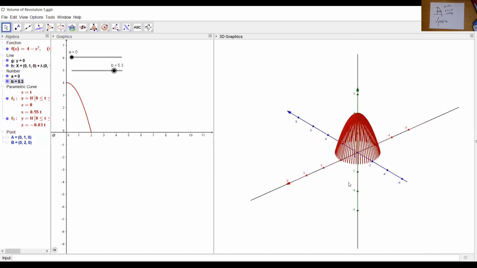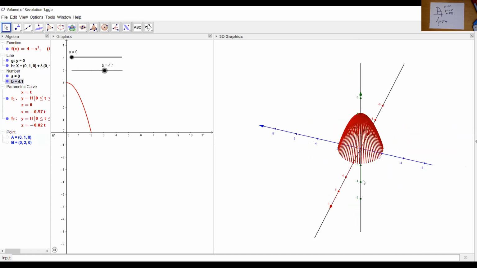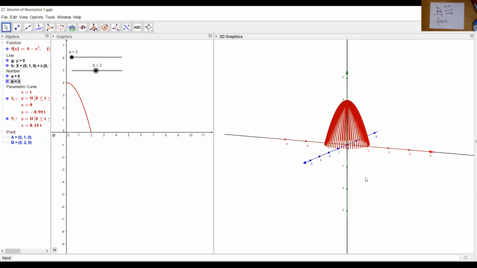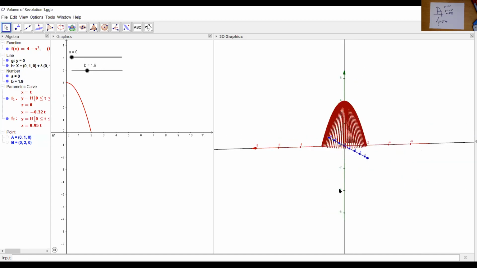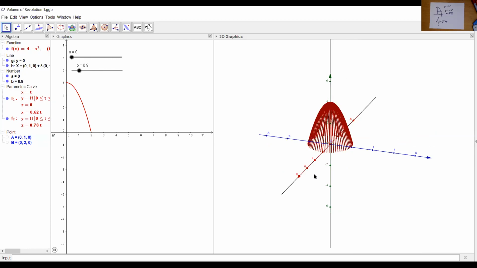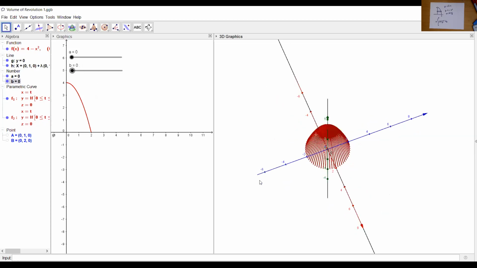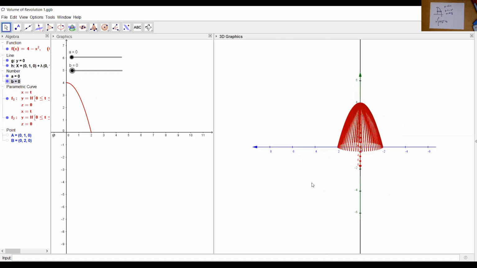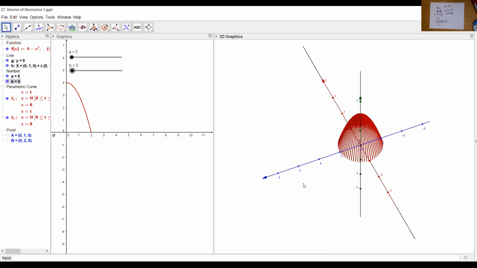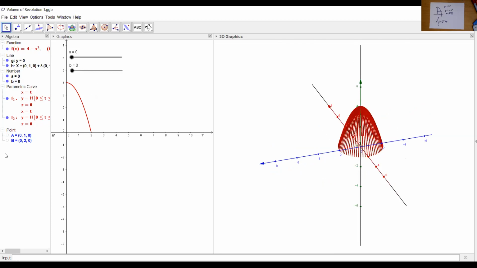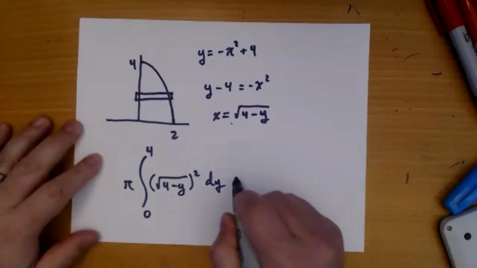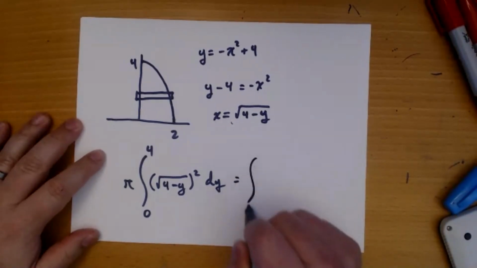More like the tip of an airplane or the tip of a rocket or bullet or something like that. Kind of cool looking. All right, so let's go ahead and find this value.